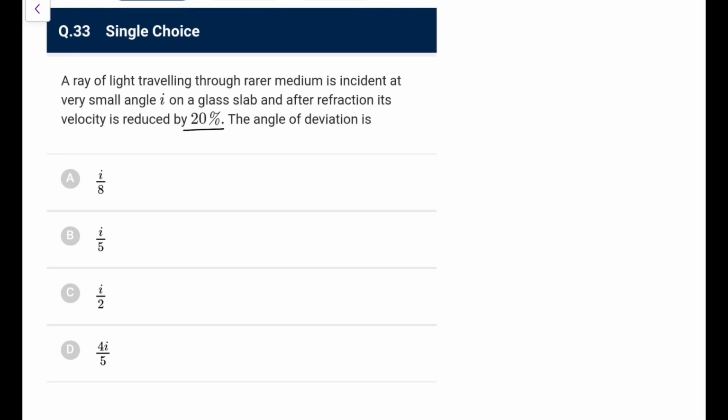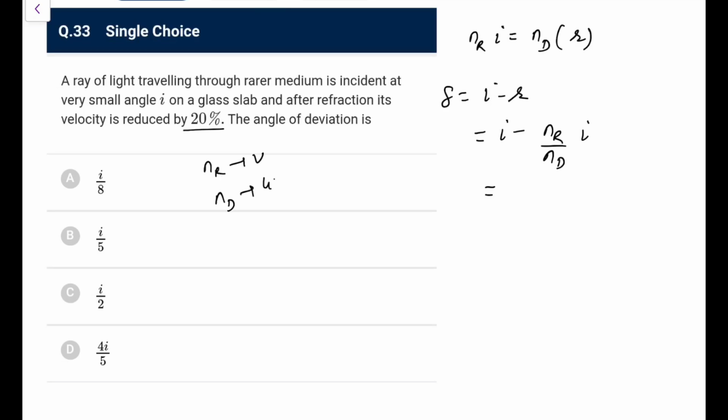So because the angle is small, we can directly say, for small angle, n of rarer into I would be equal to n of denser into R. Because the denser will have more n, the deviation you can directly make out as I minus R. I minus R would be n rarer upon n denser into I. And because the velocity is reduced by 20%, if in the rarer it was V, in the denser it is 4V by 5.